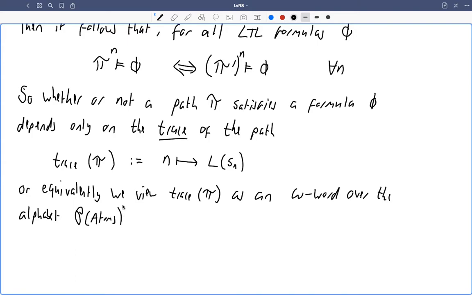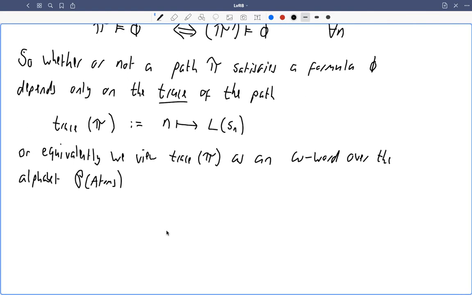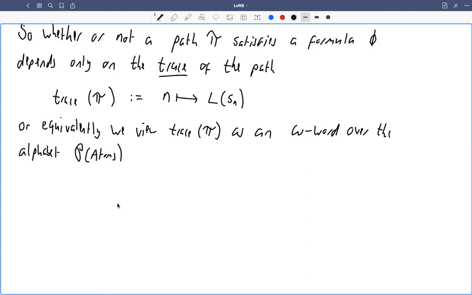So that is the alphabet. The symbols we use for the words are sets of atoms. So the power set of atoms is the set of all subsets of the set of atoms. So the symbols are sets of atoms.